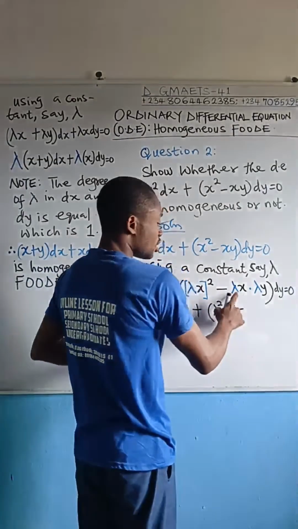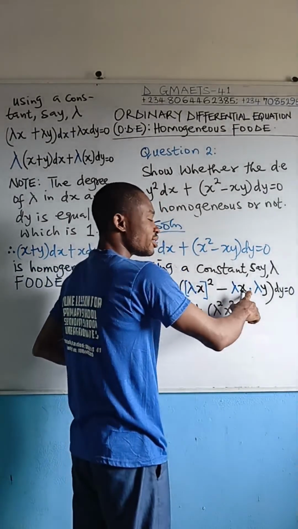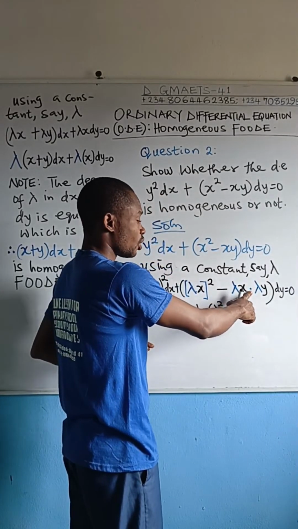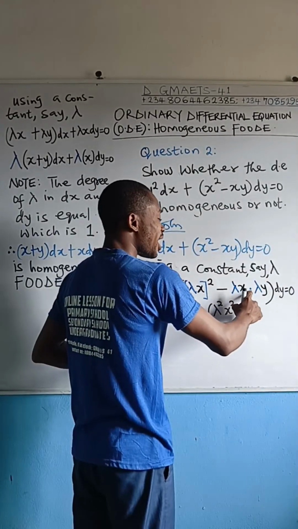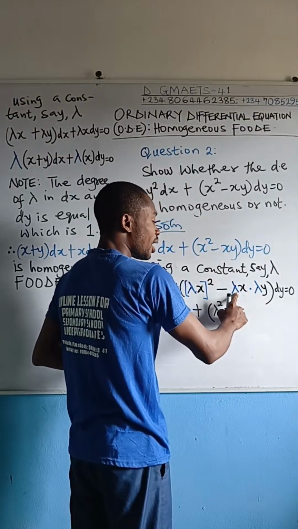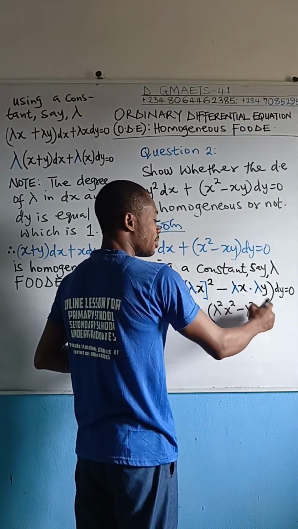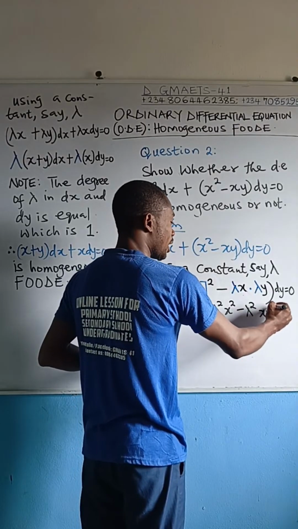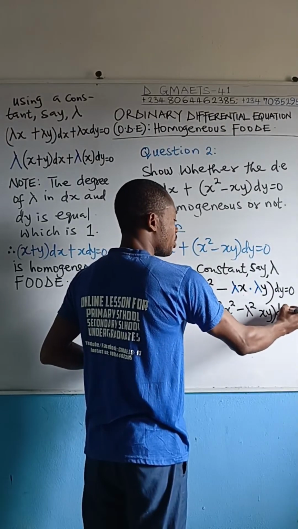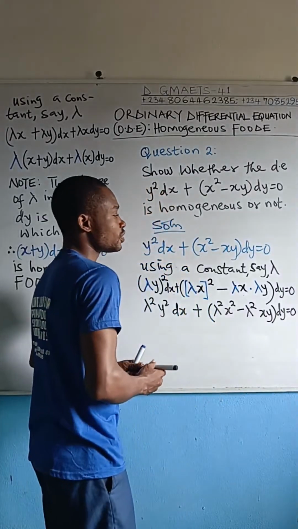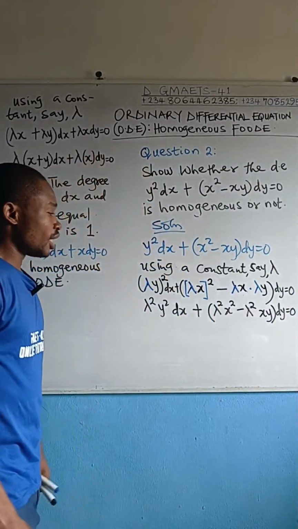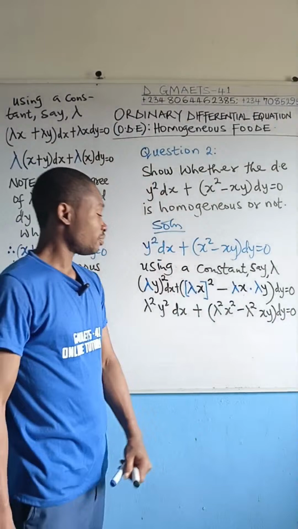And then minus lambda x times, this dot is times. Okay? Lambda x times lambda y. Lambda times lambda will give you lambda squared. Then x times y will give you xy. Multiply this by dy and equate to 0. I hope this has not cut off.